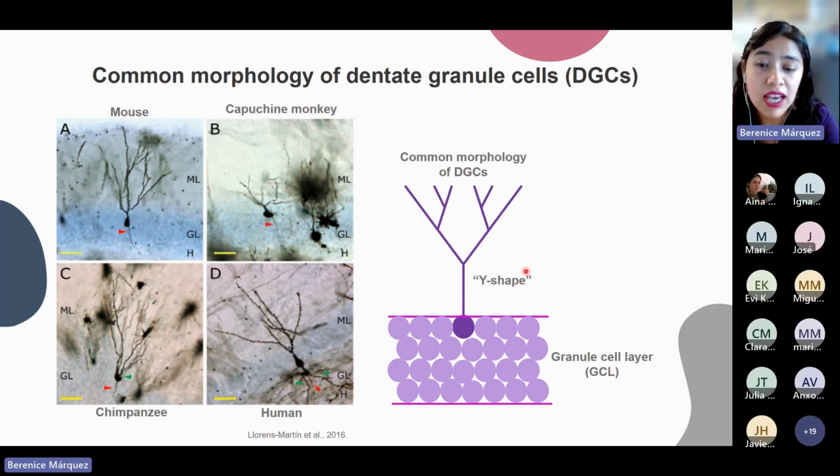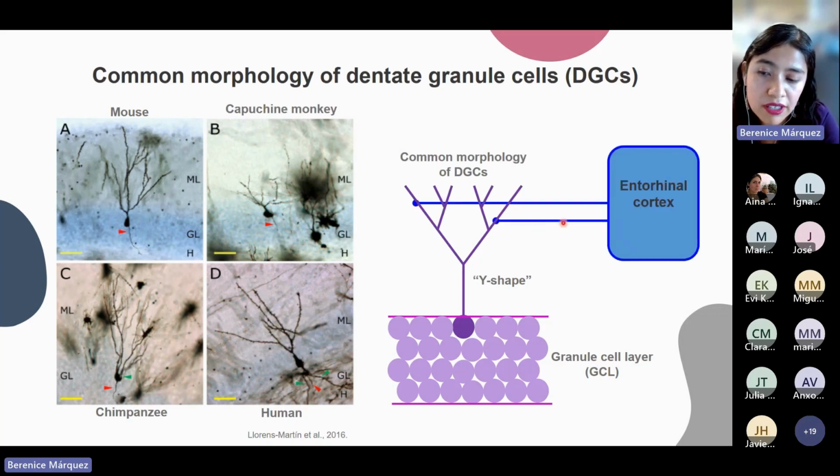This morphology has been named Y-shape. It's important to mention that the morphological maturation of the dentate granule cells is crucial for the correct establishment of afferent connection from the entorhinal cortex.